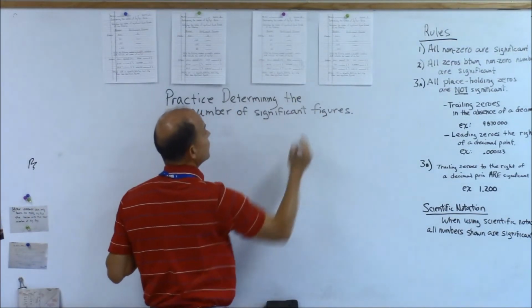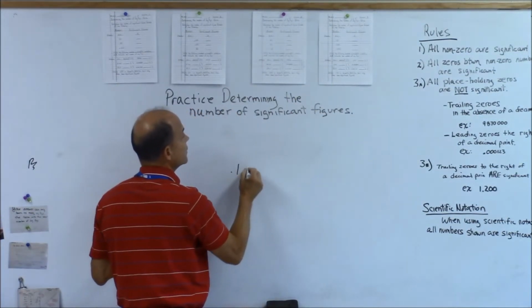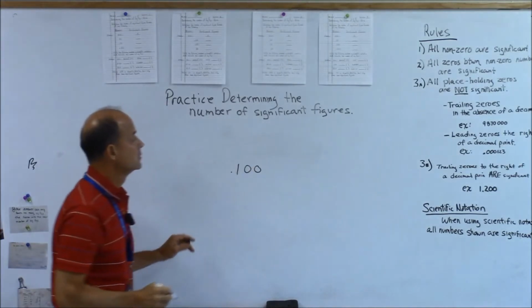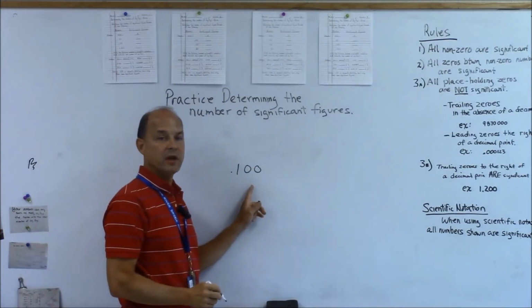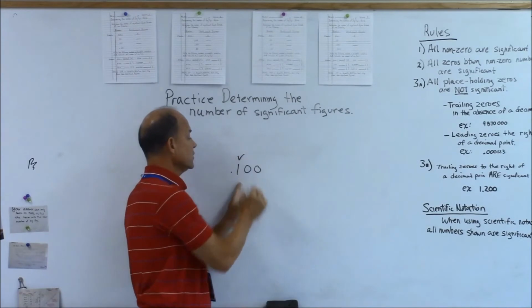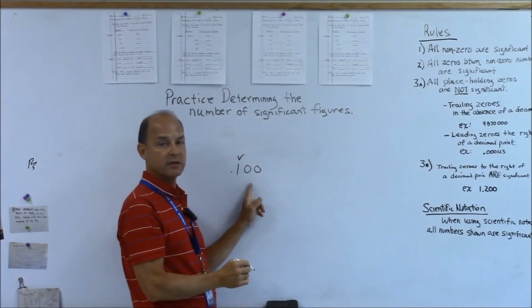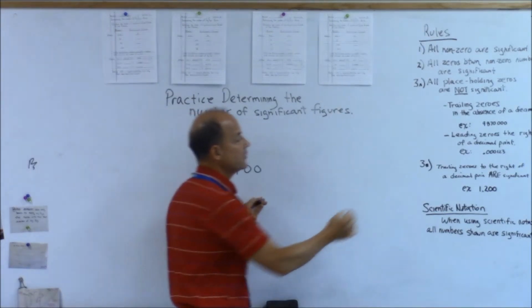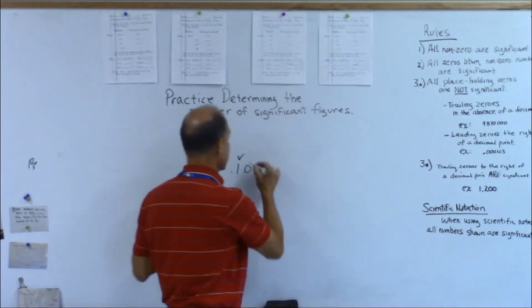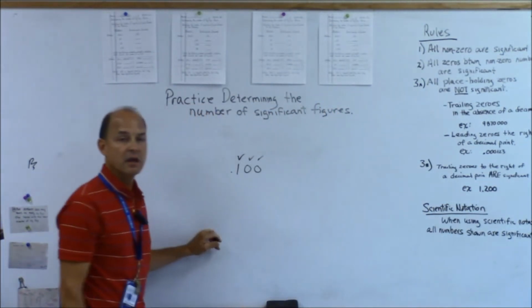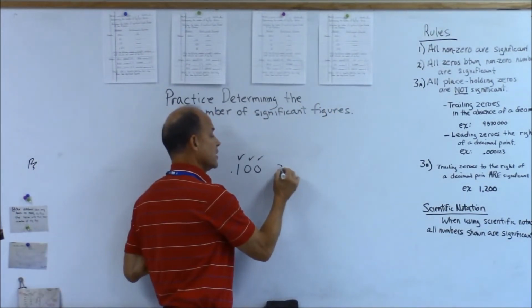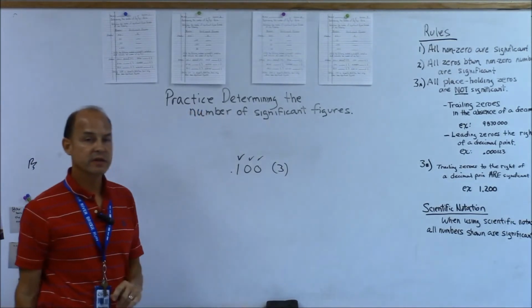Let's look at an example from number 4, 0.100. In this number, the 1 is significant. These are trailing zeros to the right of the decimal, and they are significant. So these 2 zeros are significant. This number has 3 significant figures.